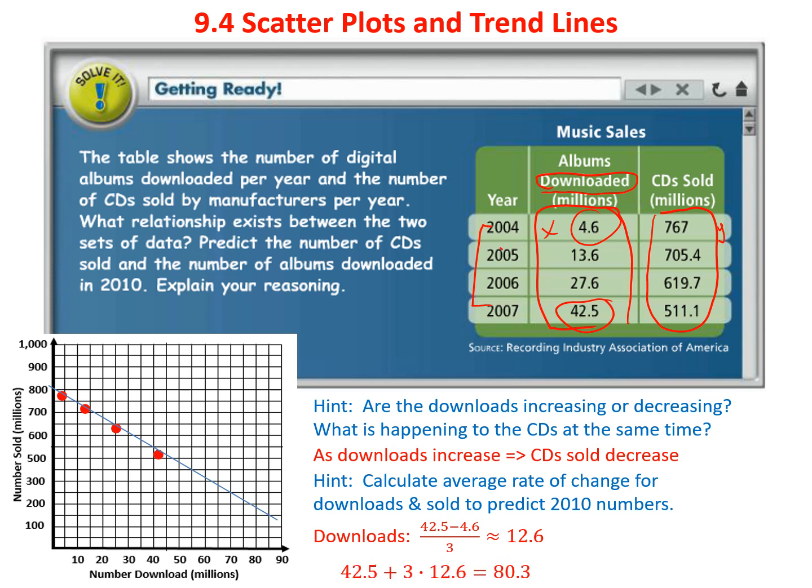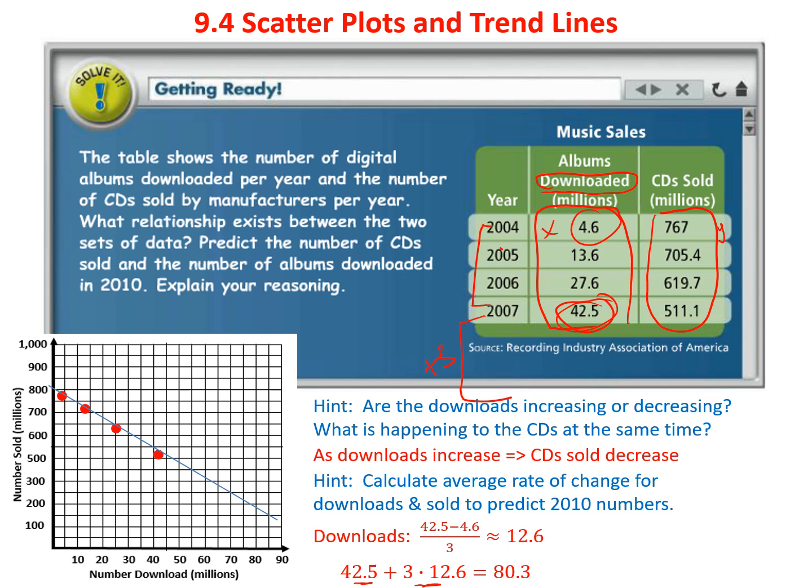Okay, so that's my average rate. Now, we want to predict what it's going to be in 2010. In 2010, it's going to be another 3 years. So if I take the 42.5 plus 3 times this much that it's going up each year, I can make a prediction that in 2010 they'll be selling about 80 million downloaded albums.